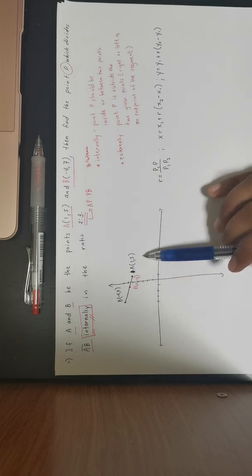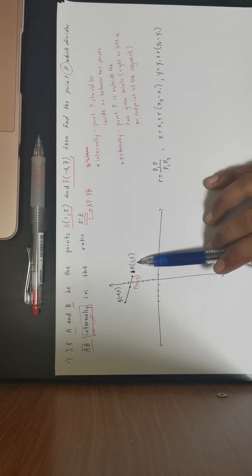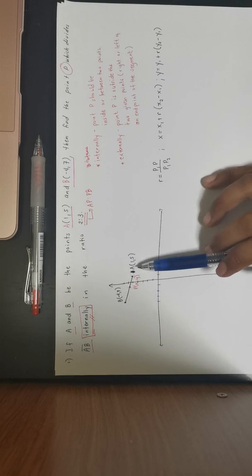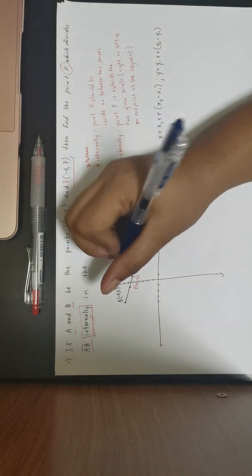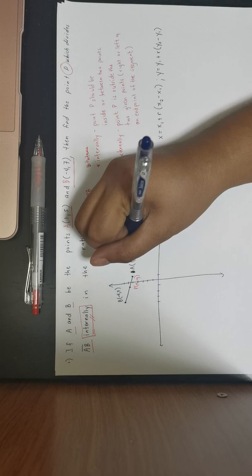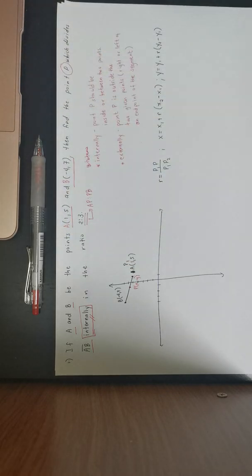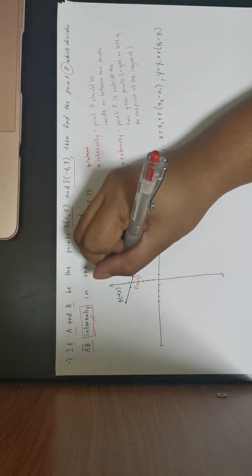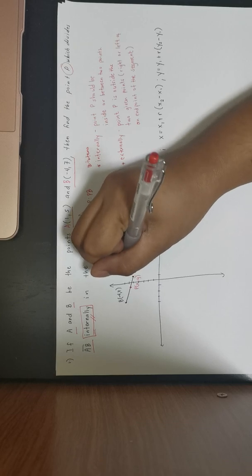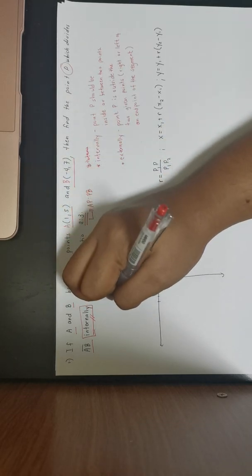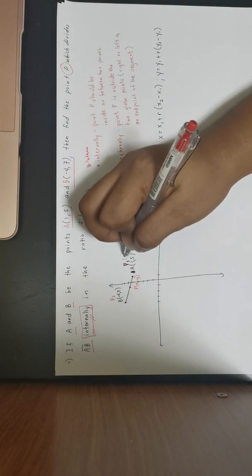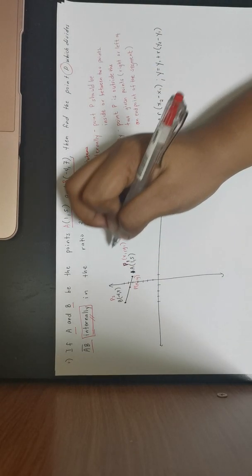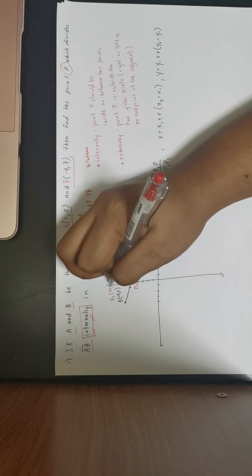But in this example, I would like to write P1 as my point A and P2 as my point B. This will serve as my P1, and this will serve as my P2. So this is my x1, y1, and this is my x2, y2.